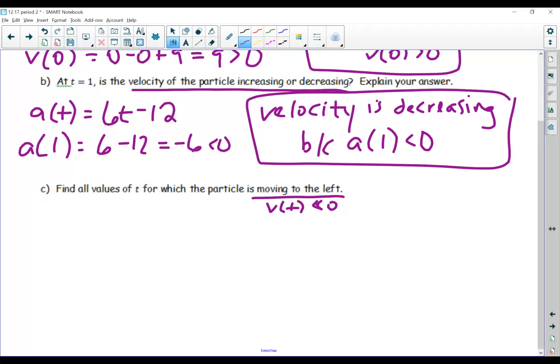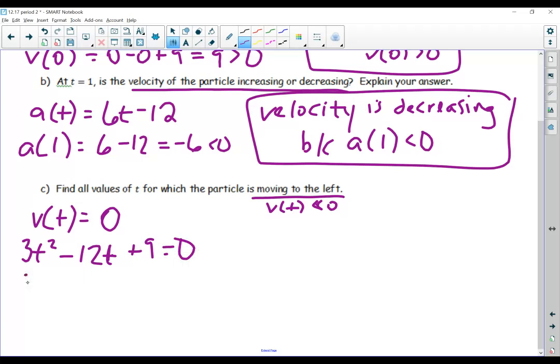That's going to be where the velocity is positive or negative. In other words, I'm trying to figure out where the function is decreasing, so I'm going to follow that procedure. I'm going to take the derivative, which is the velocity, and set it equal to 0 to find my critical points. Those are going to give me, in this situation, the at-rest moments, so when the particle is not moving.